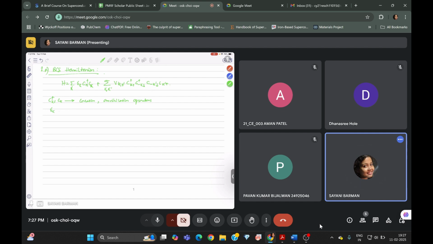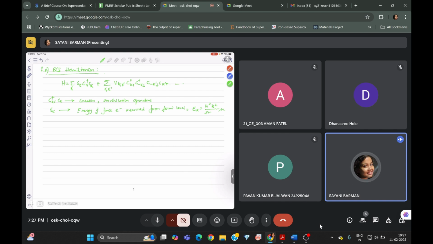Now, epsilon_k is the energy of a free electron measured from the Fermi level, right? I'll write it: measured from the Fermi level. There is also a term that is already given. Now mu is the chemical potential, right?